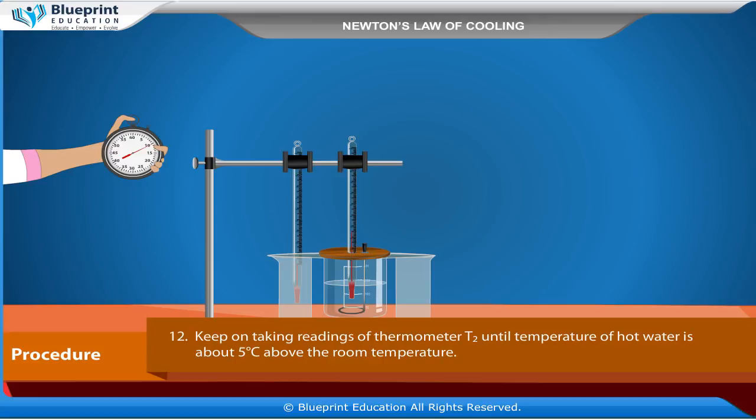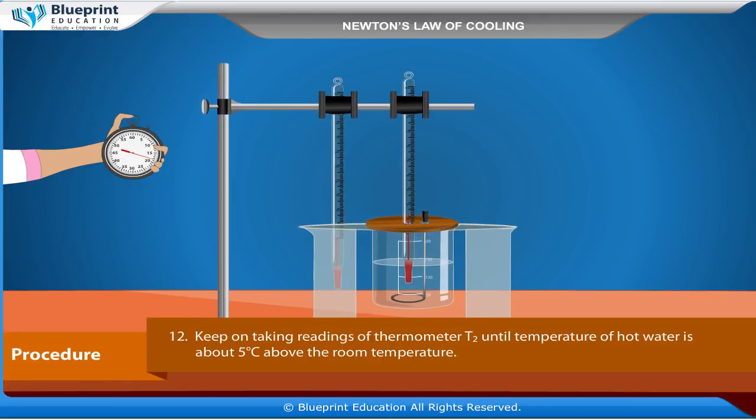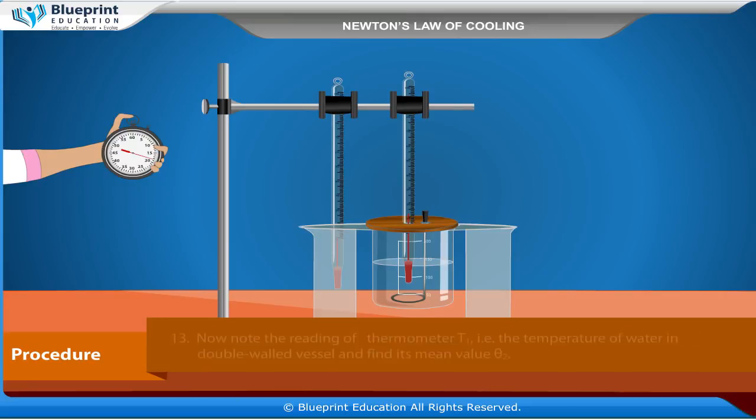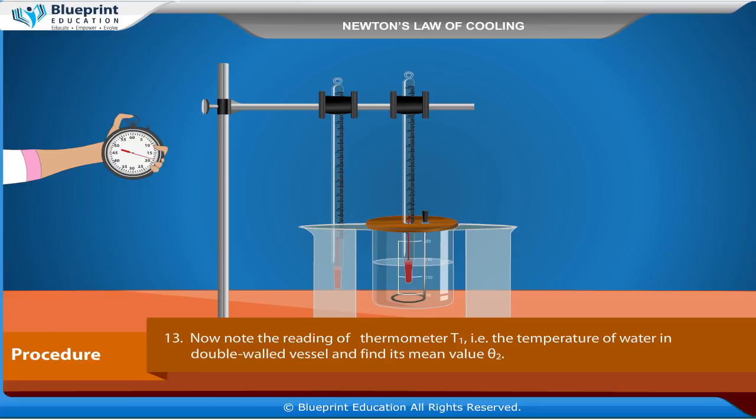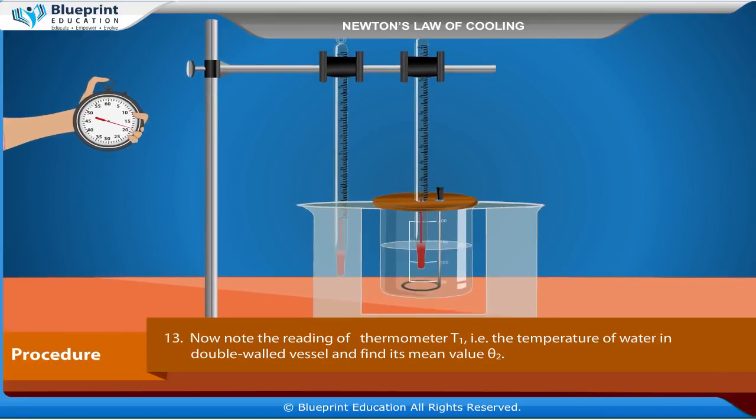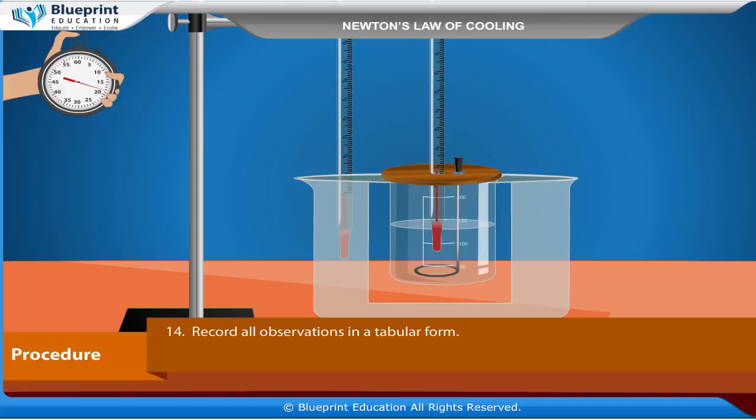Keep on taking readings of thermometer T2 until temperature of hot water is about 5 degrees Celsius above the room temperature. Now, note the reading of thermometer T1, that is, the temperature of water in double-walled vessel, and find its mean value, θ2. Record all observations in a tabular form.